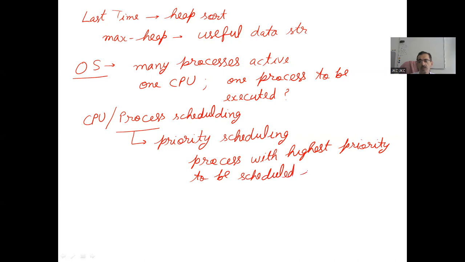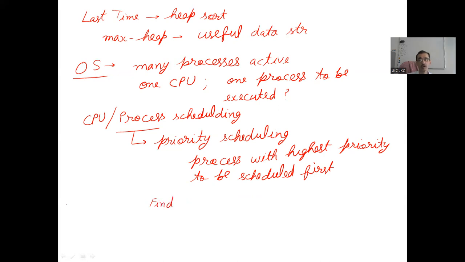Now, there will be lots of processes which will keep on coming from time to time. Each will have a different priority. The operating system by default assigns some priority. And we say that if there is some process with a higher priority, that should be executed before a process with other priorities. So in that case, I need to find the job with the highest priority.